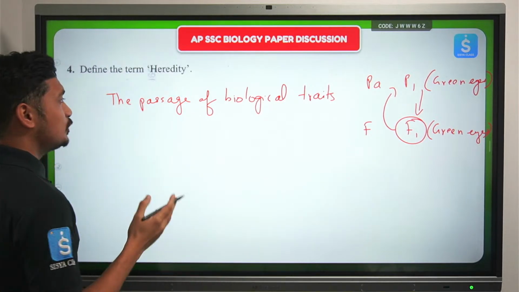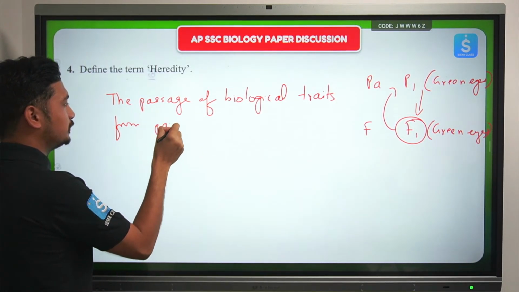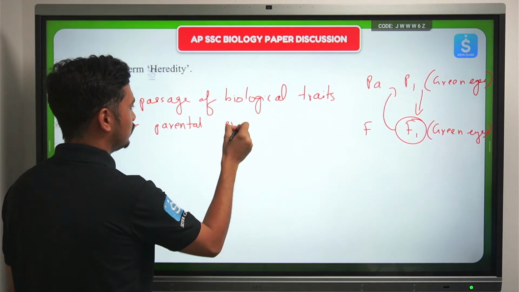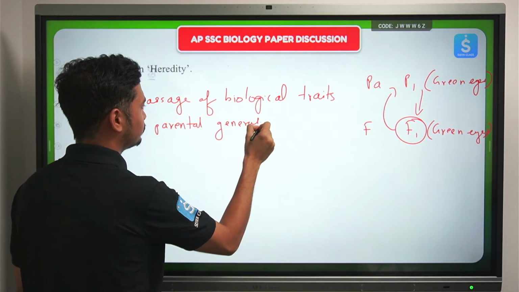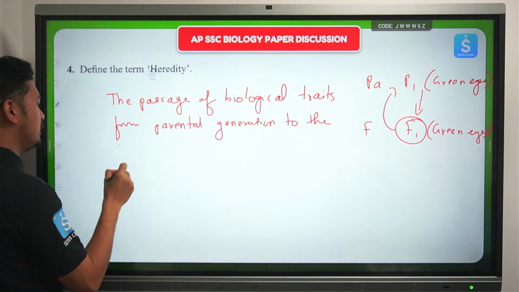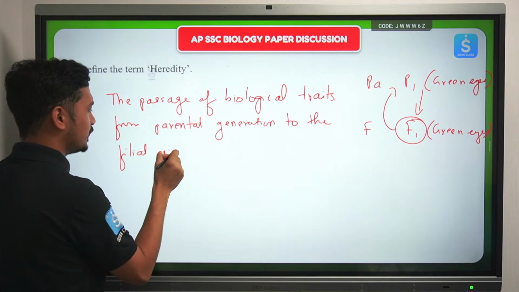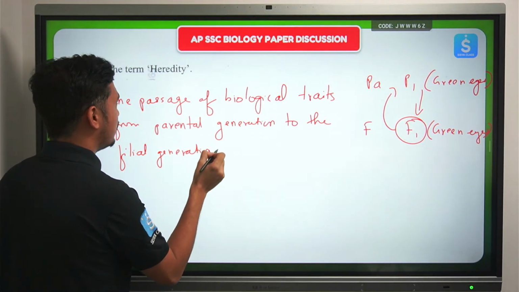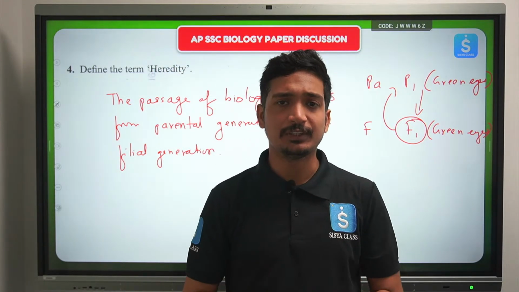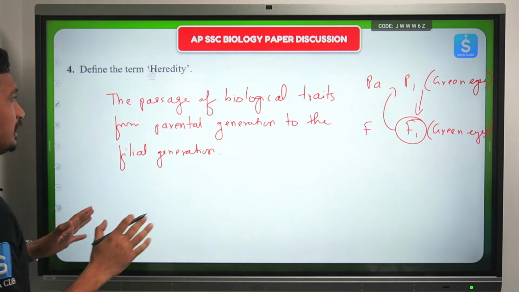The passage of biological traits from parental generation to the filial generation, or we can also say child generation, is considered as heredity. When the biological traits are passed from one generation to another, this will be considered as heredity. I believe this is clear to all of you. This is the answer.